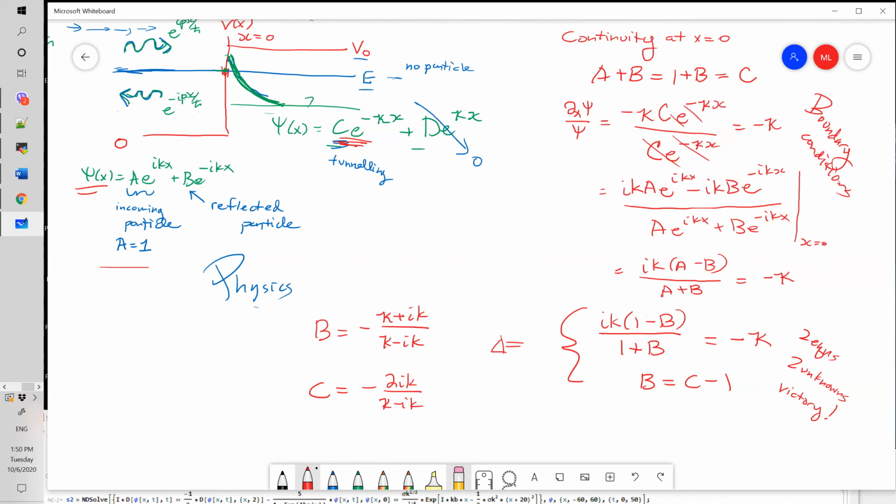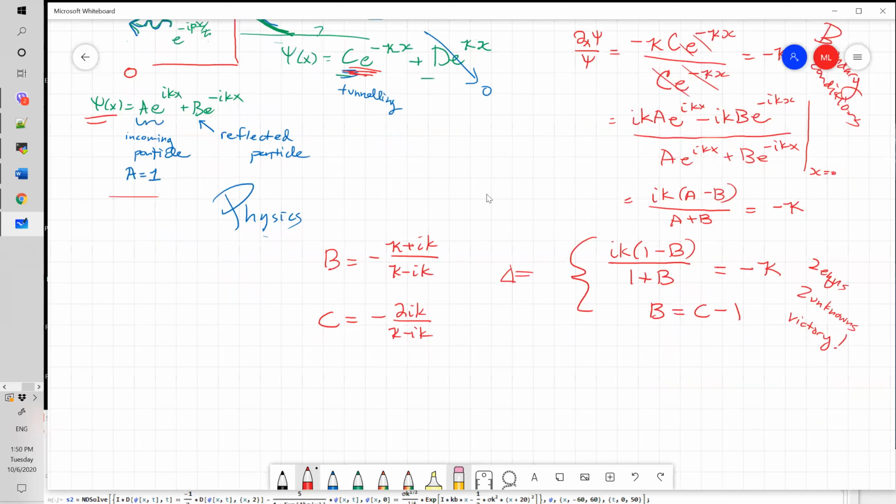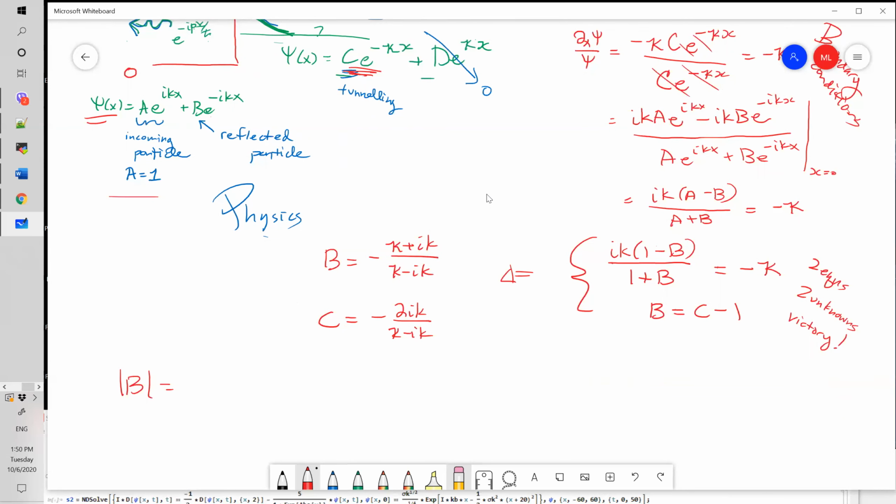And what's interesting is the following. Let's compute the magnitude of b. What's the magnitude of b? An easy way to do that is to compute it squared, and then you can take b times its complex conjugate. It's an easy trick to do.